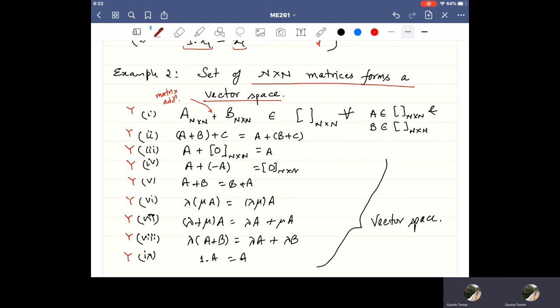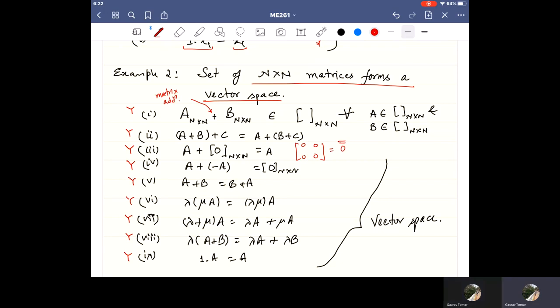If you take three matrices, A plus B plus C is equal to A plus B plus C, yes, it is. If you have a zero matrix, right? Let's say n is 2, then you have this as the zero vector. You can write it like this if you want, or like this.